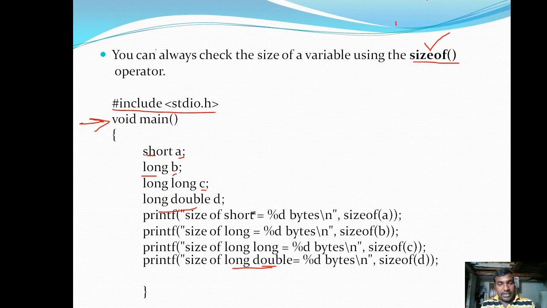So here: sizeof short is percentage d bytes, sizeof long is percentage d bytes, sizeof long long is percentage d bytes, and sizeof long double is percentage e bytes. Like this, we are using the sizeof operator to know how many bytes of memory will be allocated for that particular data type.